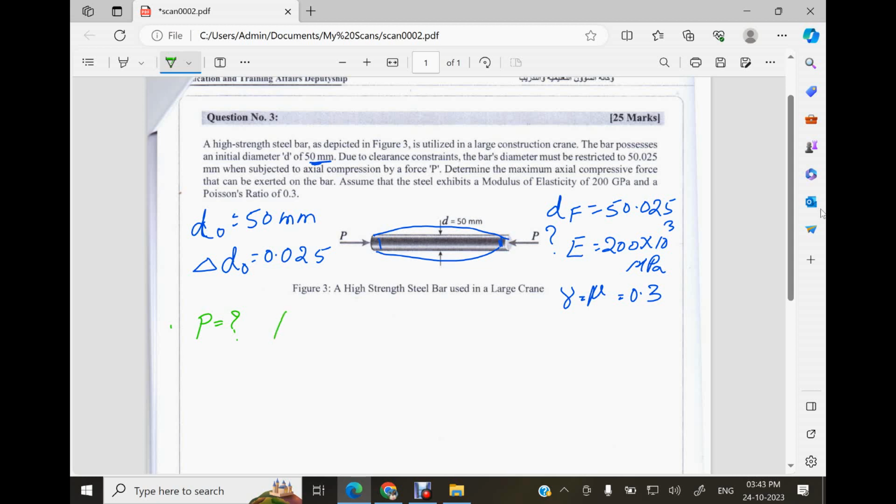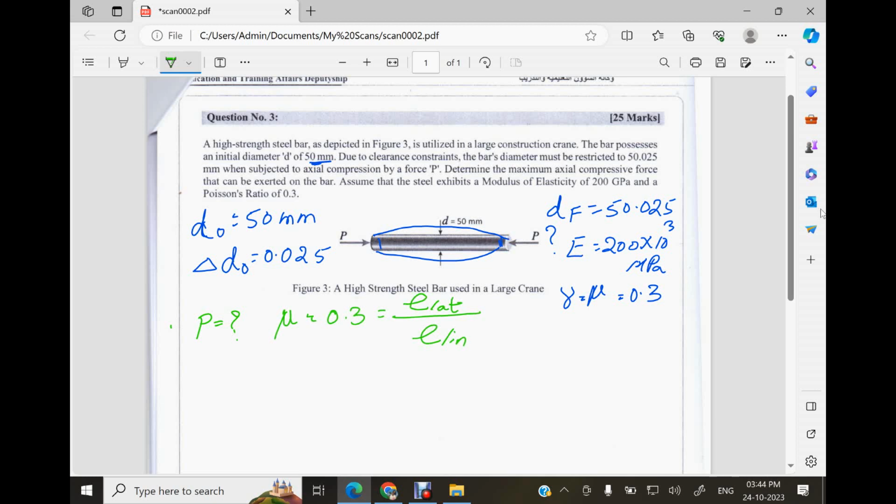Mu is equal to 0.3. This is lateral strain divided by longitudinal strain, is it not? E lateral divided by E longitudinal, or you can call it as linear. That's enough.